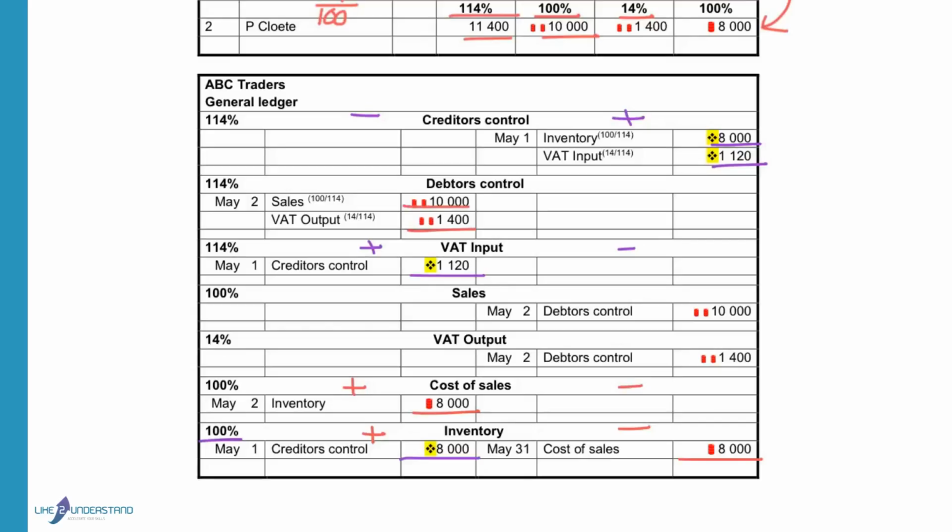And we will credit the sales account with 10,000 and credit VAT output with 1,400 to indicate that is the liability, because 1,400 is the money that must be paid to SARS.